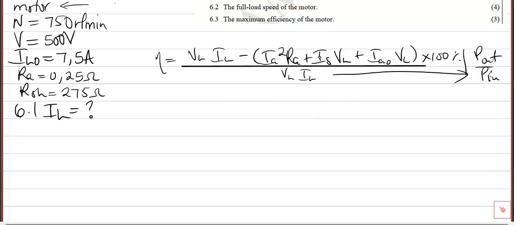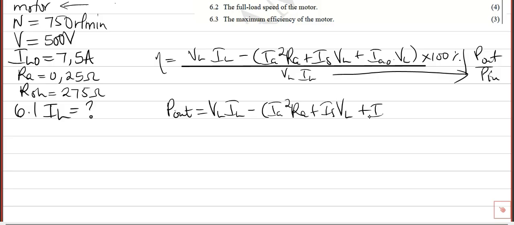So our output power is represented by everything up here at the top. So maybe let's write it on the side. We're saying P out equals VL IL minus open bracket IA squared RA plus I shunt VL plus IAO times VL.